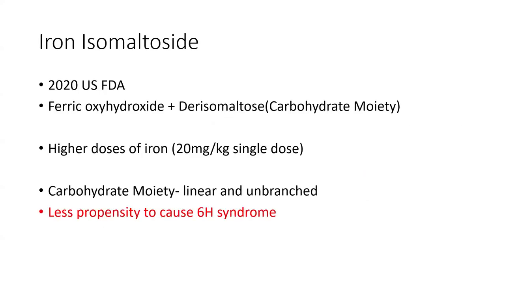And that is where the role of iron isomaltoside comes. Now, iron isomaltoside was US FDA approved in 2020. It is made up of a ferric oxyhydroxide with a derisomaltoside carbohydrate moiety. Now, this derisomaltoside carbohydrate moiety is linear and unbranched, and it has less propensity to cause 6H syndrome.